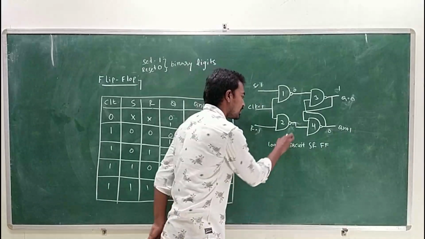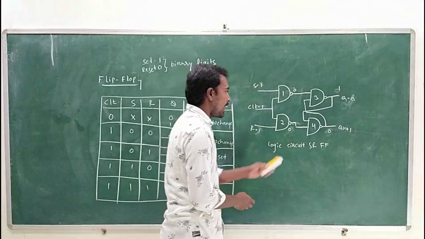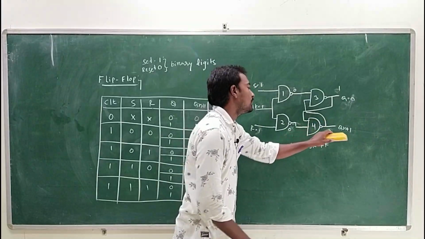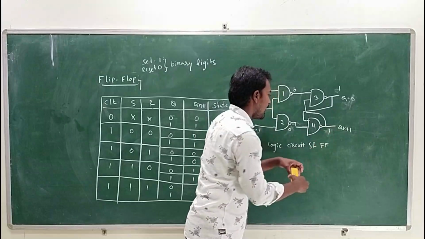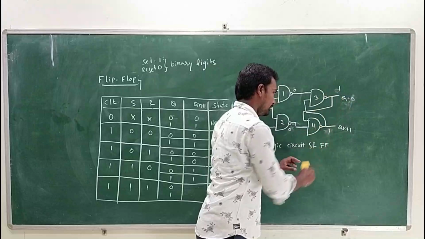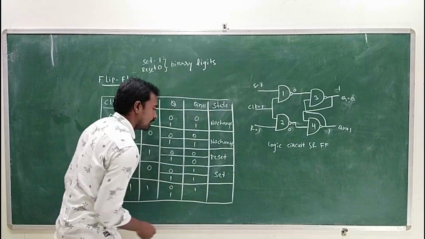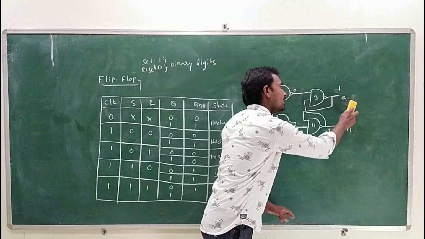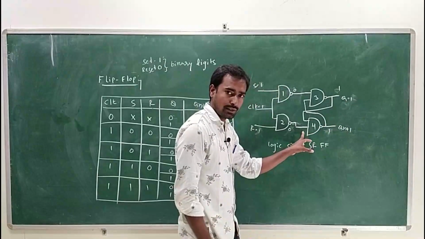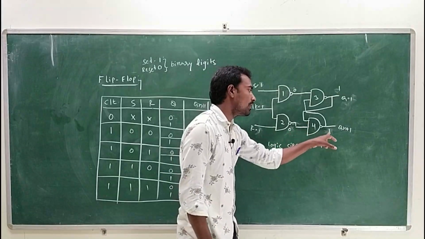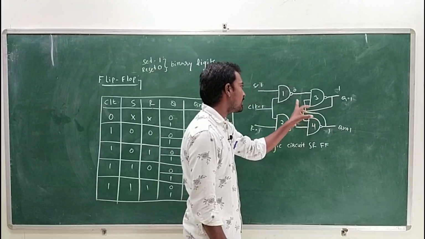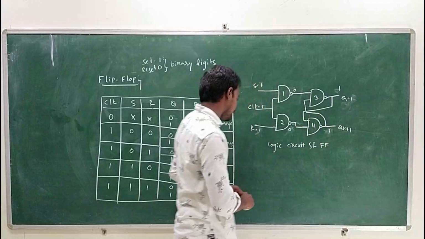Here we are getting the output of the second NAND gate is 0, and I am taking Q is equal to 0, 0 cross 0 is equal to 0, 0 complement 1, and 1 cross 0 is equal to 0, 0 complement here 1. So here we are getting 1 output, and Q is equal to 1. I am taking Q is equal to 1, 1 cross 0 is equal to 0, 0 complement 1 again, and again 1 cross 0 is equal to 0, 0 complement, here we are getting 1.